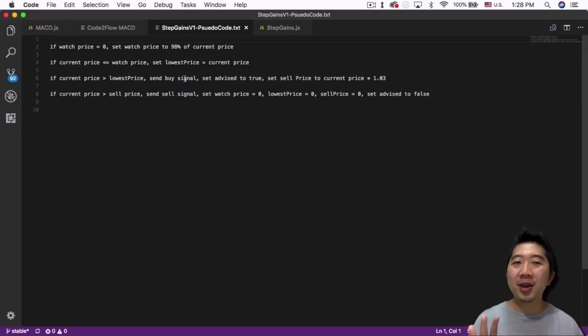So that's why I've written out here the basic if statements that I understand. The first statement is, if watch price equals 0, set watch price to 98% of the current price. So when it first begins, it automatically sets the watch price based on the current price, because it wants to wait till the current price drops 2%.